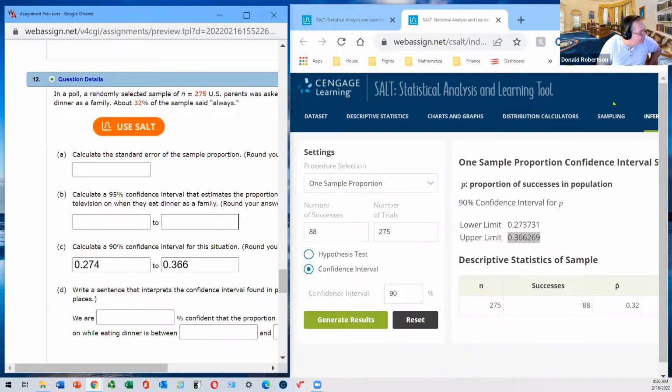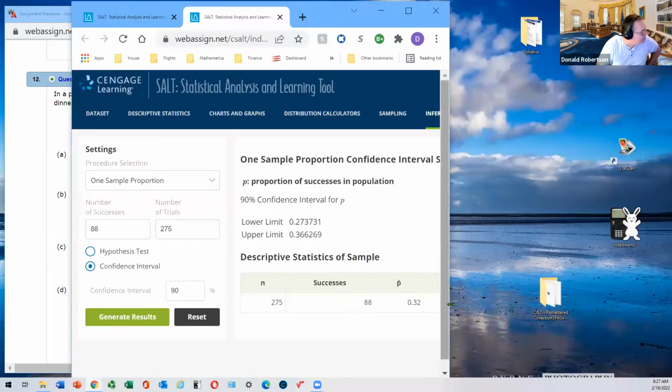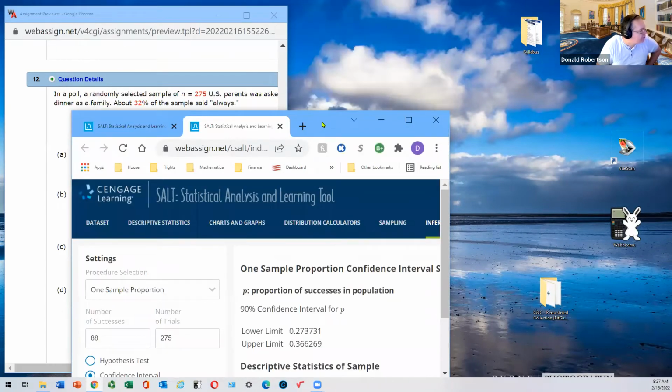Now, if you wanted to get, for instance, the standard error, it's on this screen. You just have to scroll to the right, which I'm not sure I can do because the bottom's missing. See if I can make it happen. There we go.